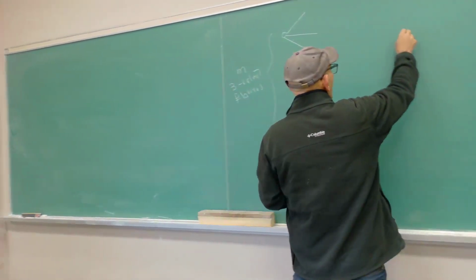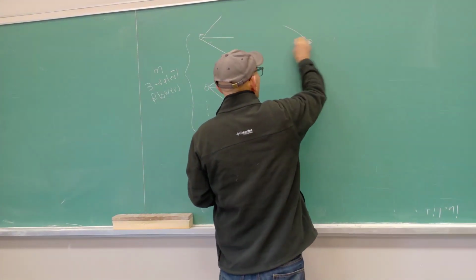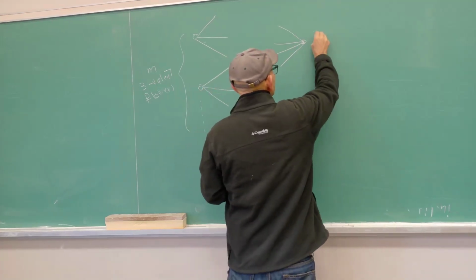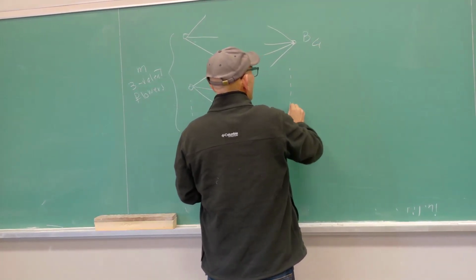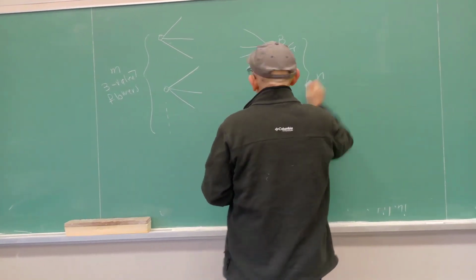And here we put n trivalent flowers, 4-valent, sorry. And we do n here, right?